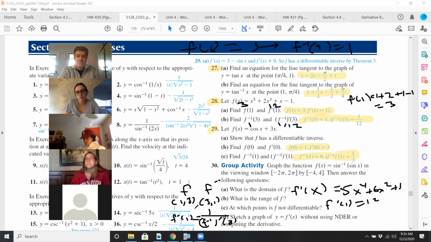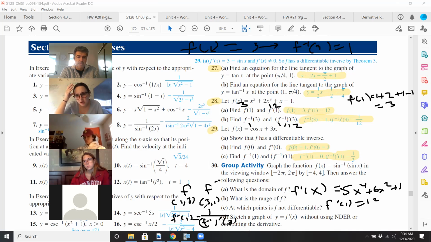But anyway, now I know I have 1, 3, so I have 3, 1. The value of the derivative at 1 was easy. I found the derivative of my function and plugged 1 in, I got 12. Therefore, if I evaluate the inverse derivative at 3, it's going to be 1/12.